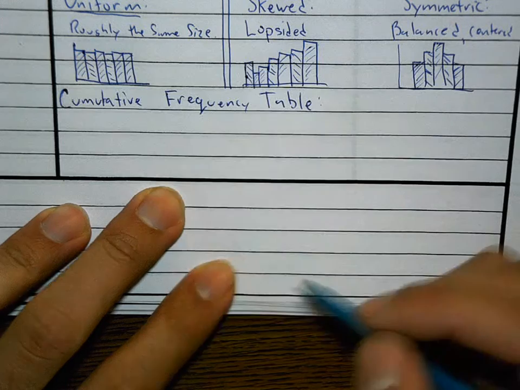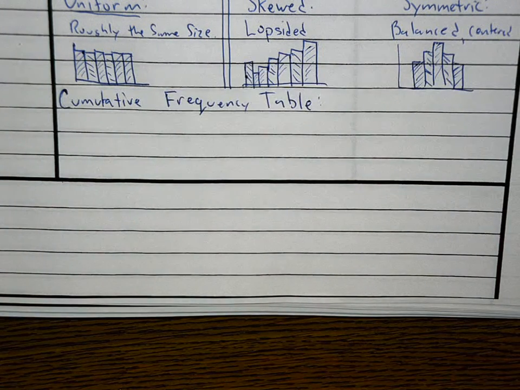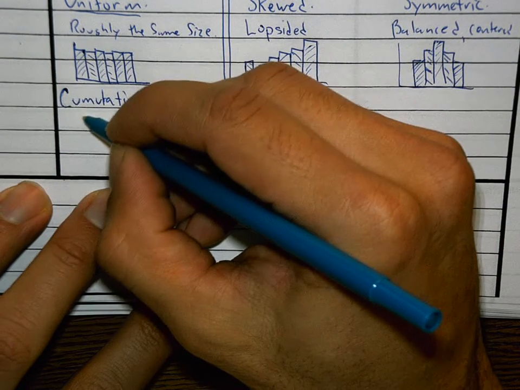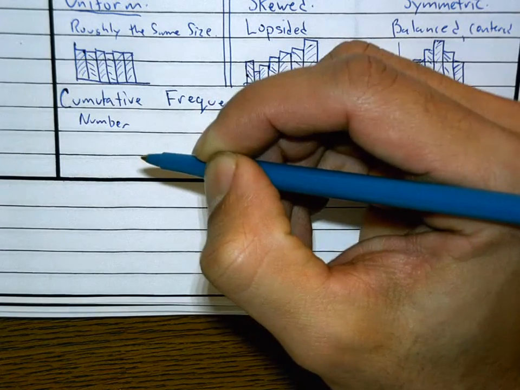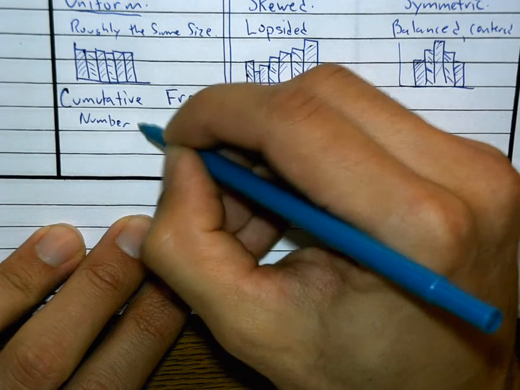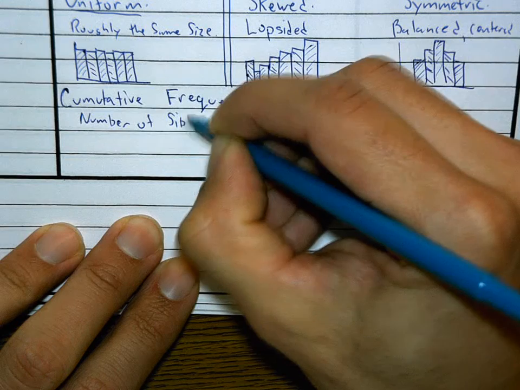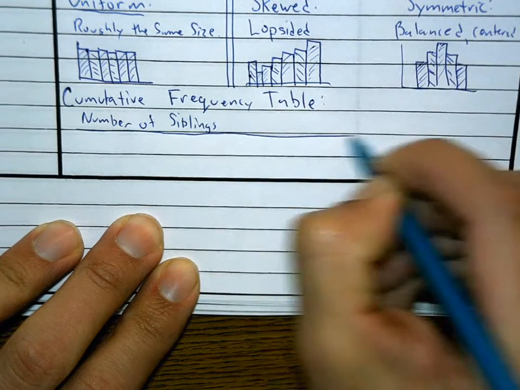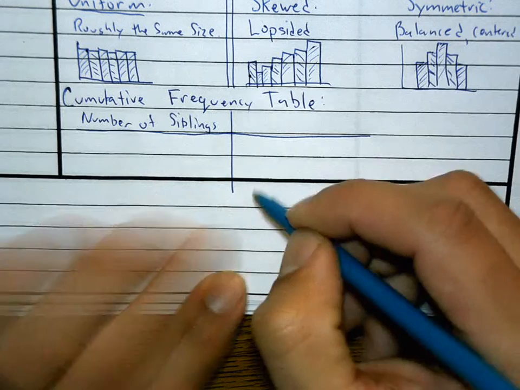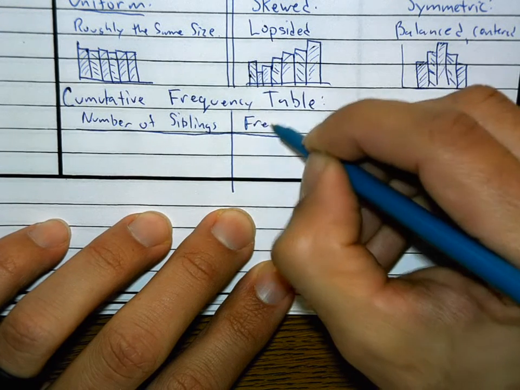Let's see. I'm running out of room, but this should still fit. Number of siblings will be our first column. Frequency.